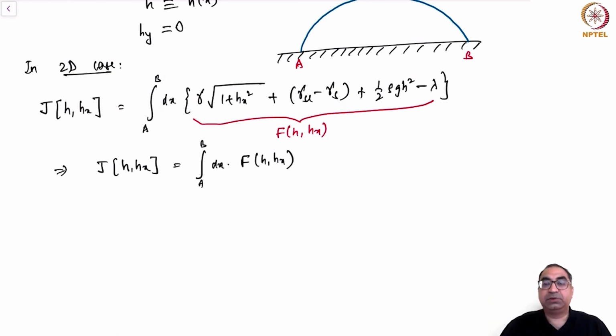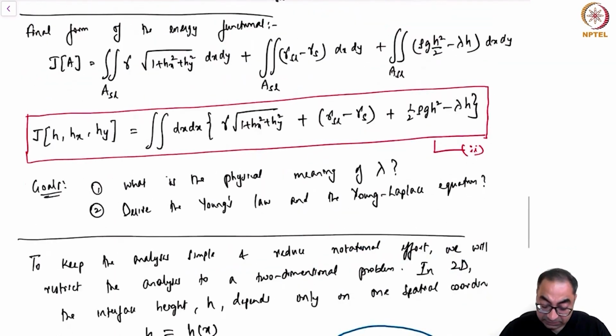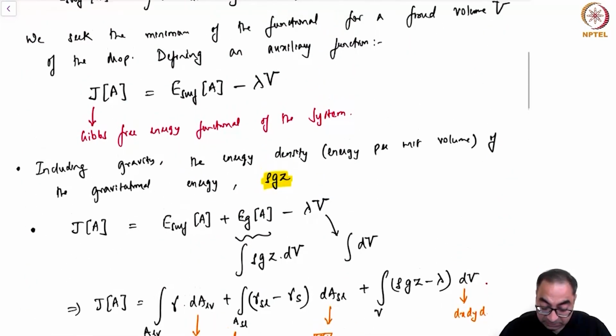And further, we want to do a constrained minimization problem where the constraint is that the volume of the droplet is fixed. So therefore, we have a constrained minimization problem, and we have an energy functional, which is nothing but the total energies that are involved, the surface energy and the gravitational potential energy. And then we have the constraint, which we impose using a Lagrange multiplier.